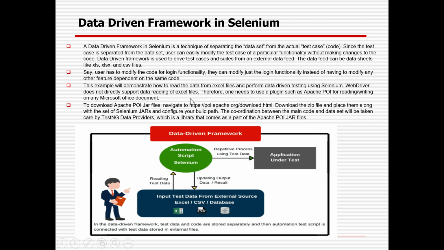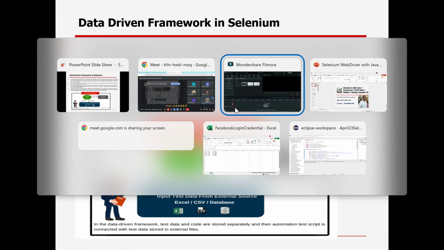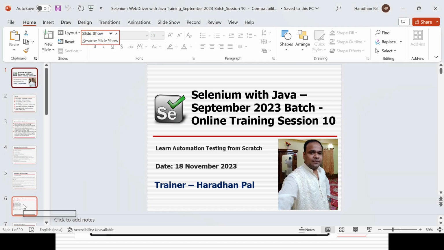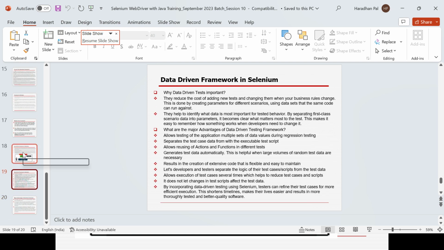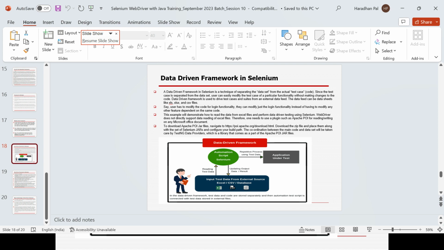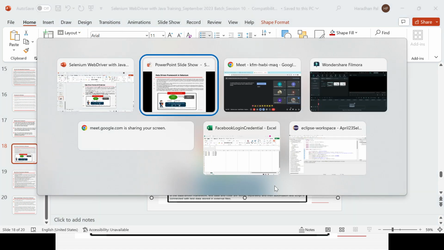There is a link available here where you can get all the Apache POI jar files. You need to download all the Apache POI jar files first if you want to go with the data driven approach. I have already given the link here. You can simply copy it, or you can Google it also.